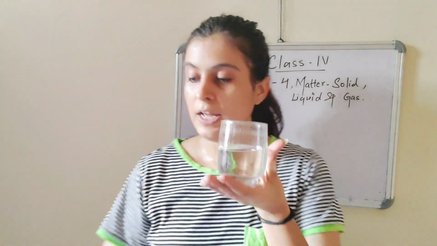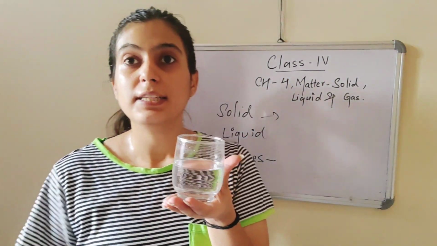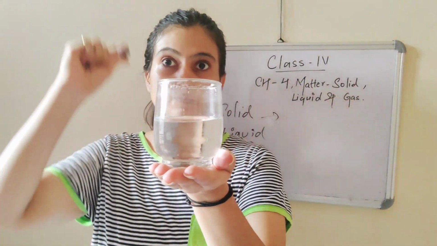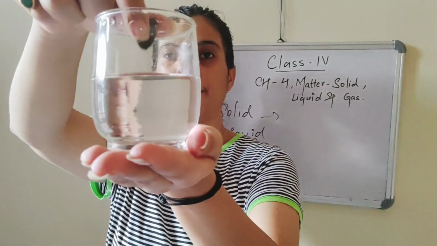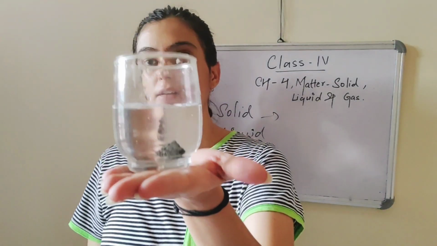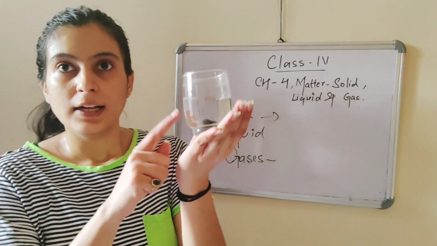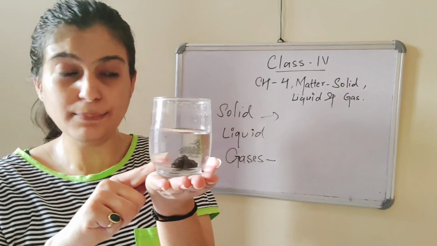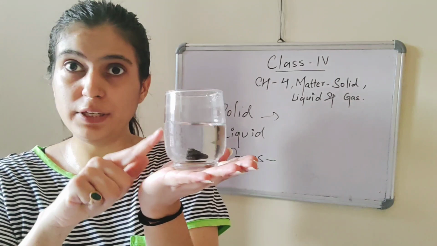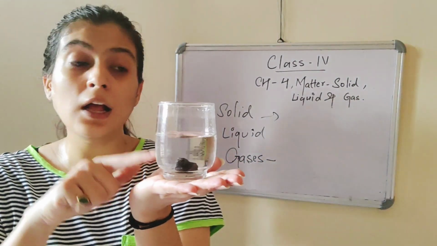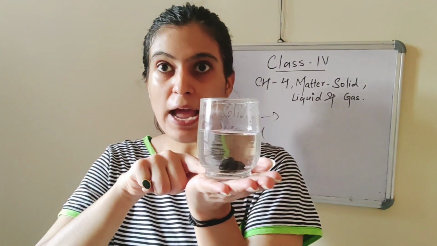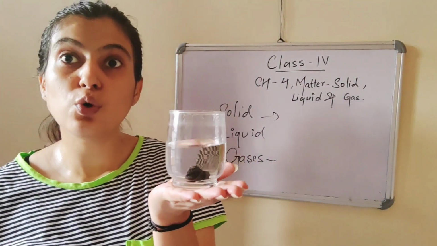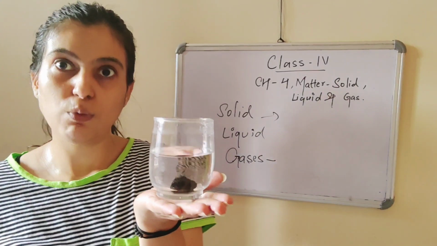If I drop these stones into this glass of water, see, this stone has gone down and occupies space, right? Now, if I put two or three or more stones, what will you see?